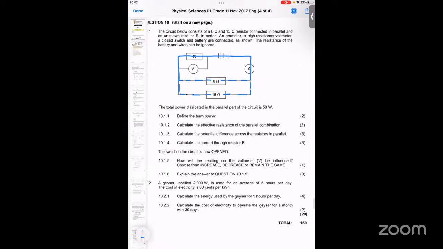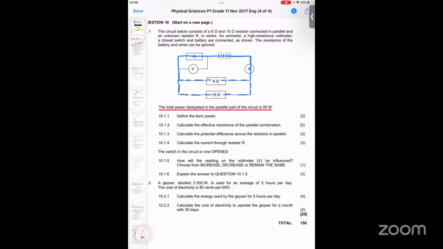There is additional information that we are given there, where they are talking about the total power dissipated in the parallel part of the circuit, which is 50 watts. W stands for watts.